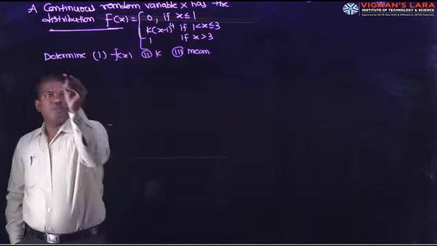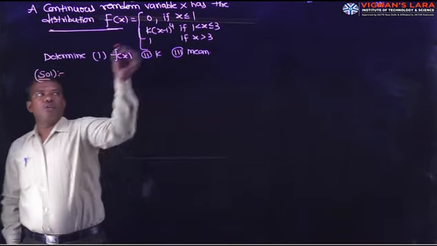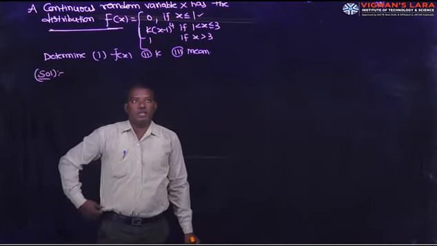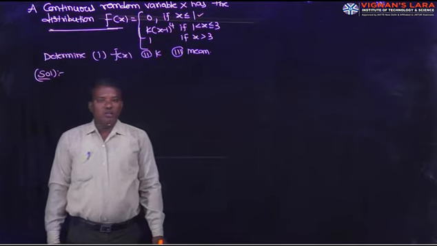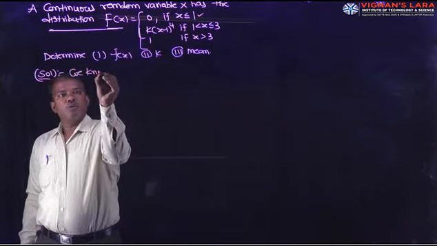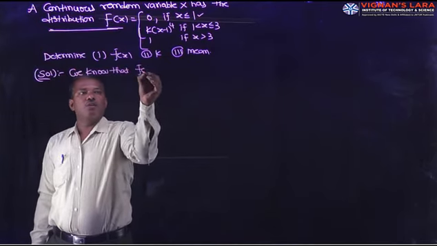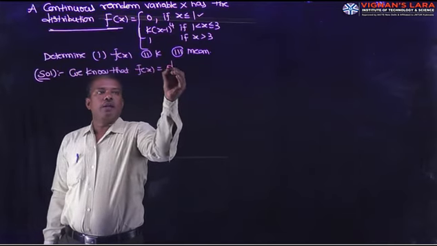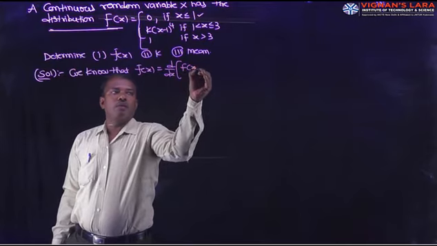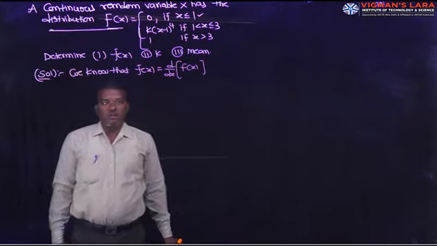So coming to the first one, what is capital F of x? 0 if x less than or equal to 1, k into x minus 1 whole power 4 if 1 less than x less than or equal to 3, 1 if x greater than 3. We know that small f of x is equal to d by dx of capital F of x. That is the relation between small f and capital F.